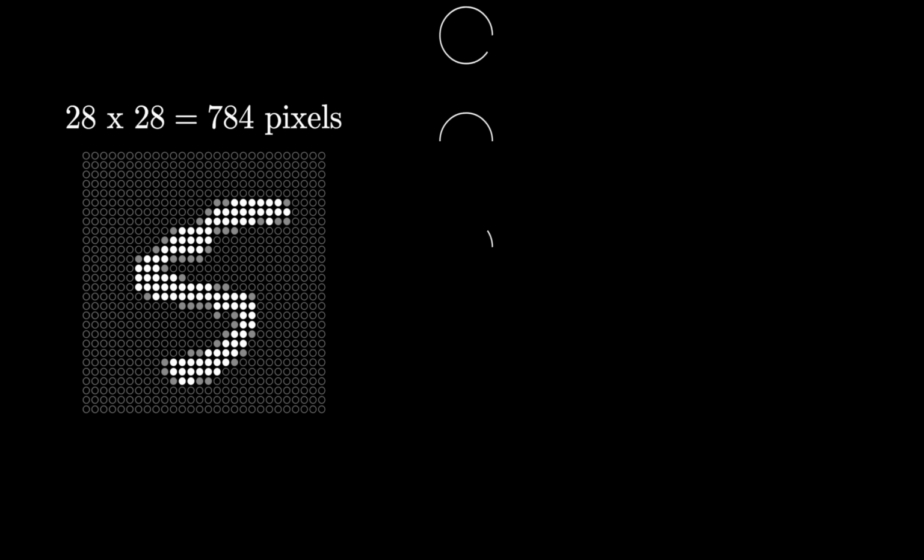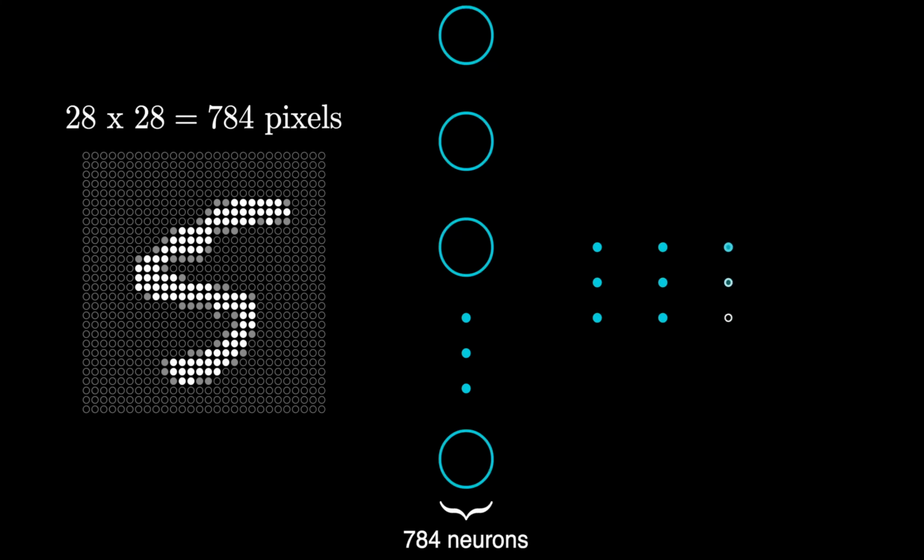For our neural network, the input will be a vector of 784 neurons, each corresponding to a pixel's normalized value, a value divided by 255.